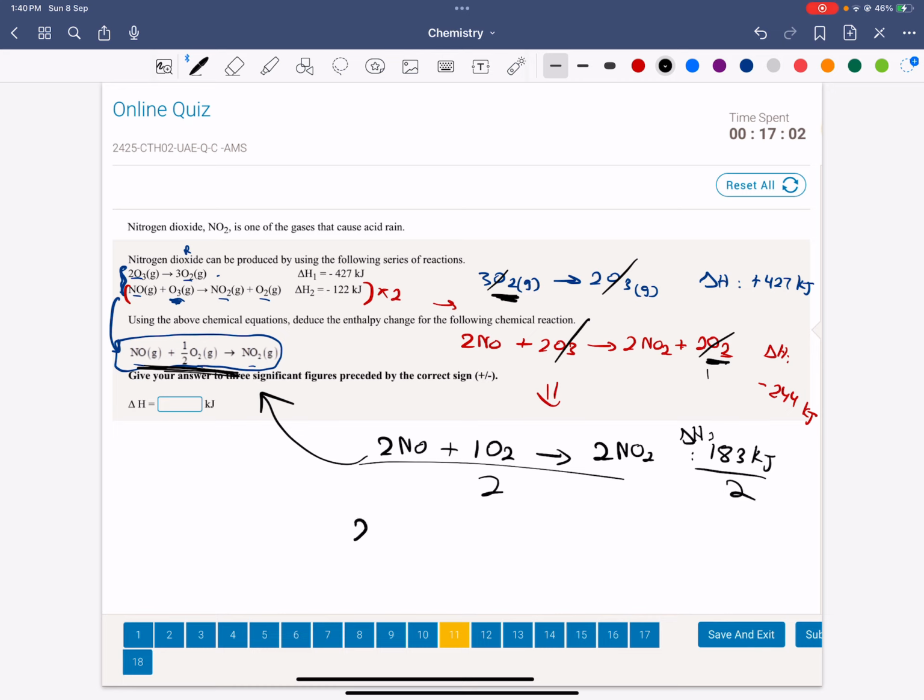So we will get NO plus half O2 gives us NO2, and then our enthalpy change will be 183 divided by 2, which is going to be 91.5 kilojoules, and don't forget it's going to be positive. And since they said 3 significant figures, we're gonna keep it as it is, plus 91.5 kilojoules.